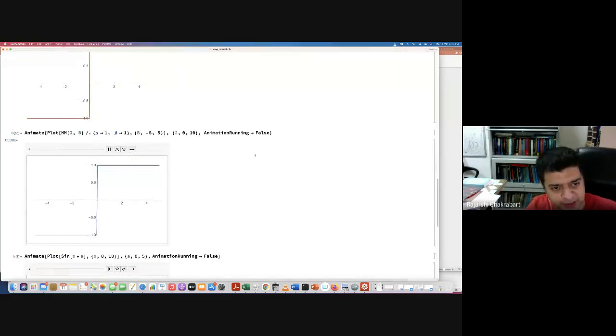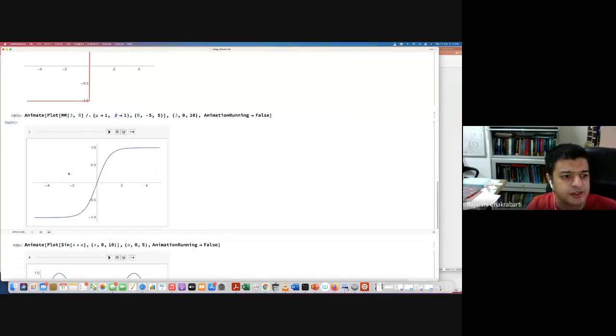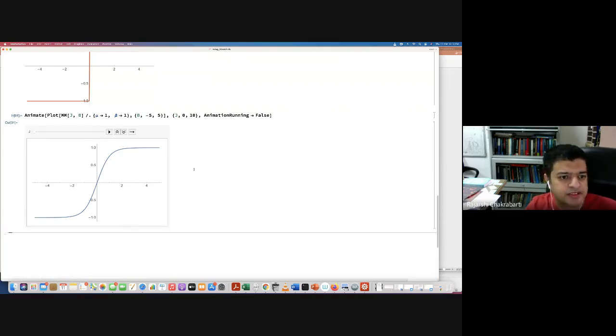I have just created an animation, and you can see that. So this is your magnetization as a function of magnetic field. As I increase, sorry, the coupling strength, what do you expect?